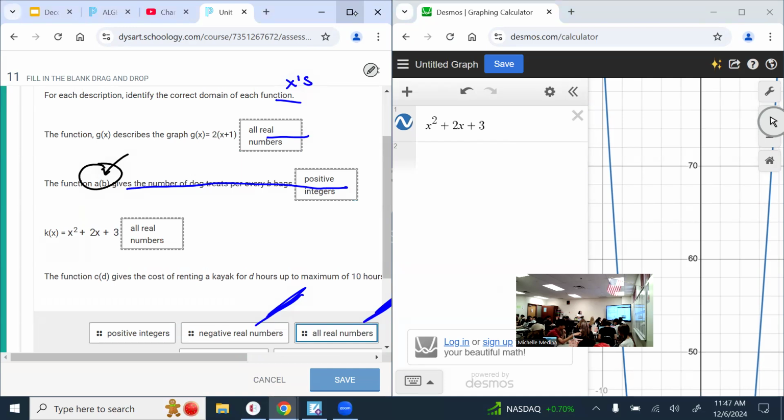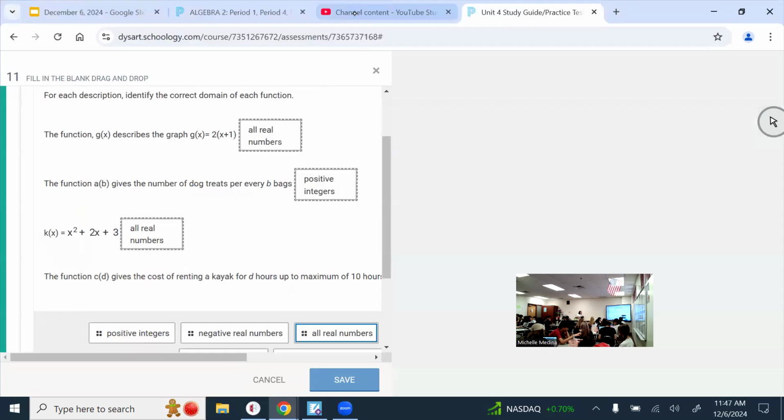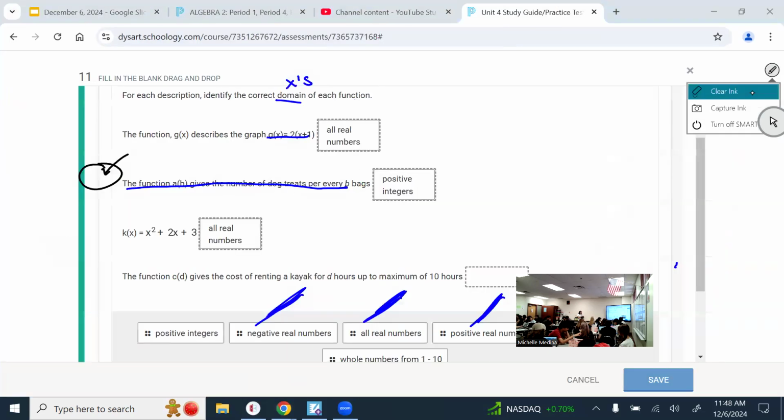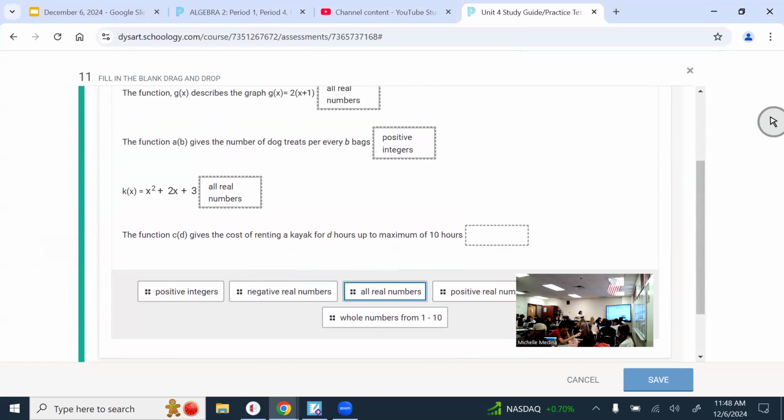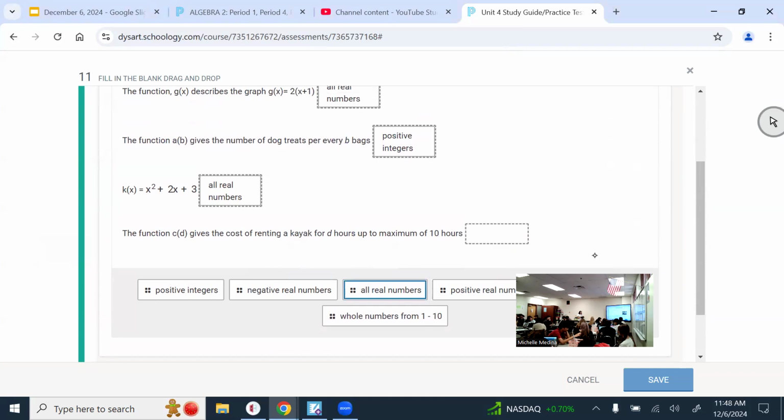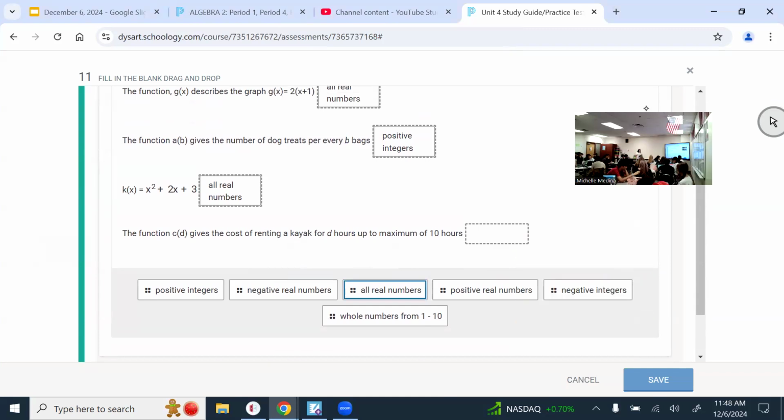And then the last one for this one is this function gives the cost of renting a kayak for D hours, up to a maximum of 10 hours. Between costs and hours, what's going to be my x, my input? The hours.